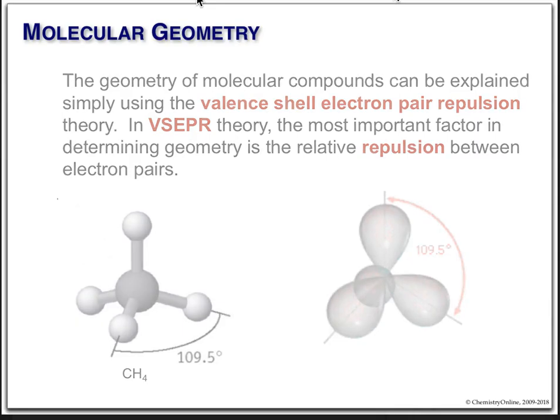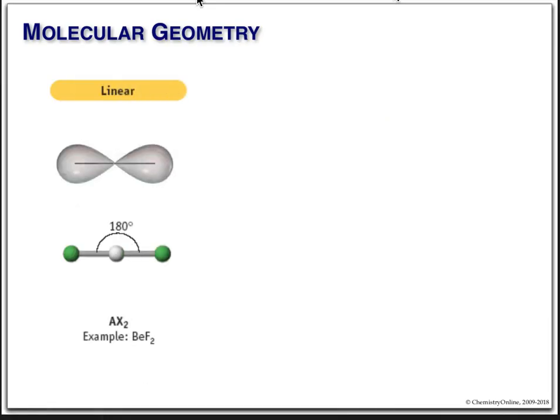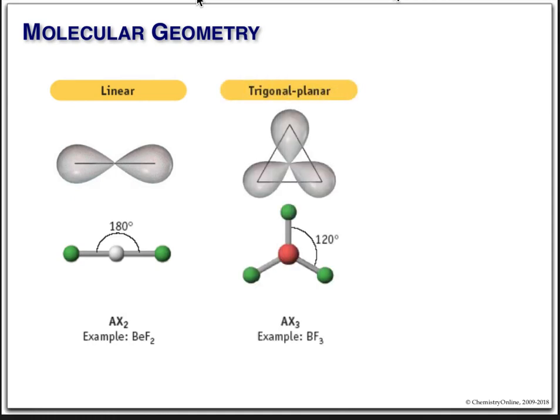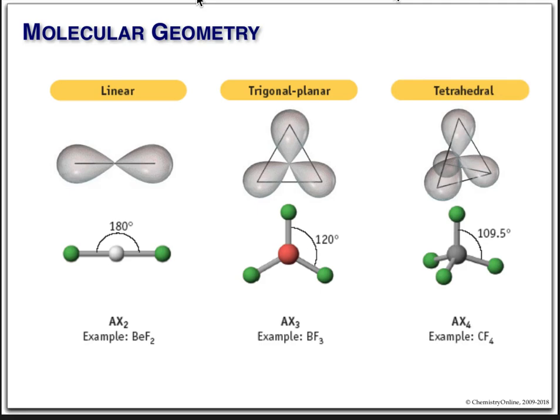Let's explore this just a little bit more. Again, linear geometry, as far apart as they can get. Three things, we form a triangle, 120-degree angles. Four things, stick the other one on top, push these down a bit, we get a tetrahedron.